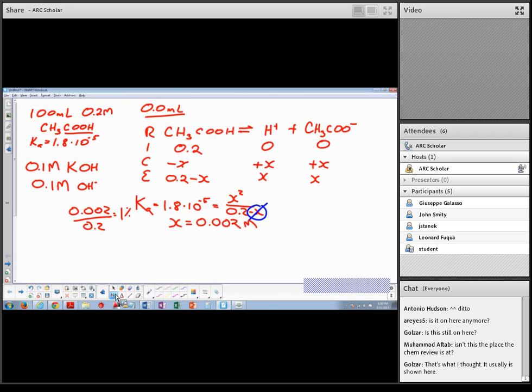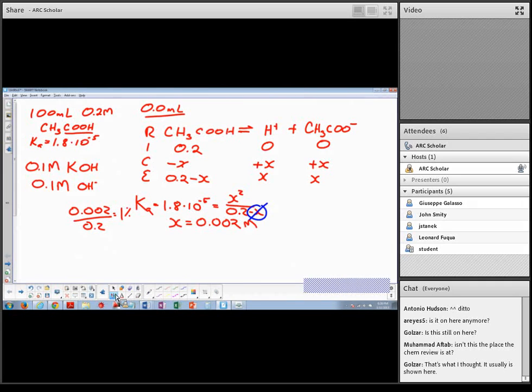I don't know about how his rules are with calculators, but with my calculator I can plug in this entire formula and it can solve and give me my x. If you have a calculator like that, you can plug in everything, including that minus x term, and you're golden. The biggest problem I think a lot of people have is that they assume to get rid of that x, and then they forget to double check it.